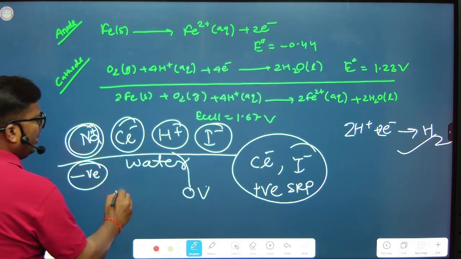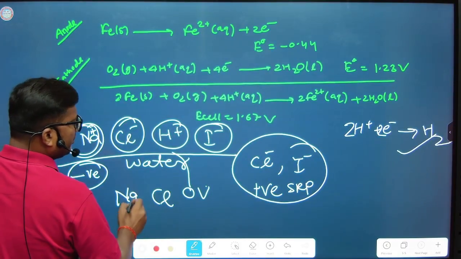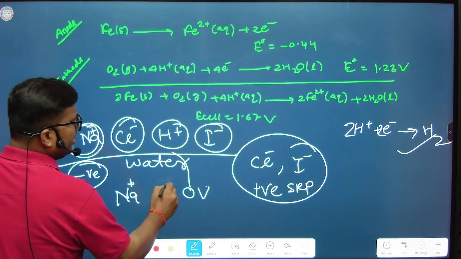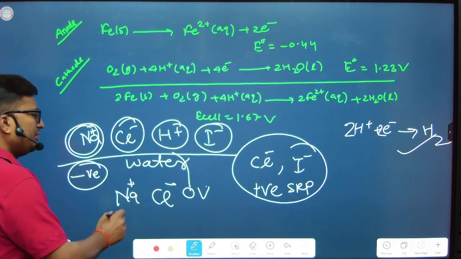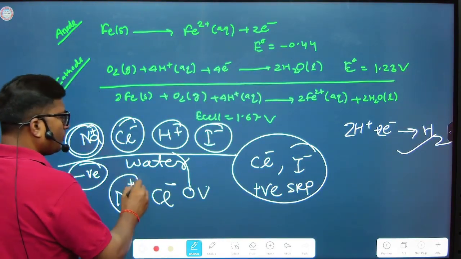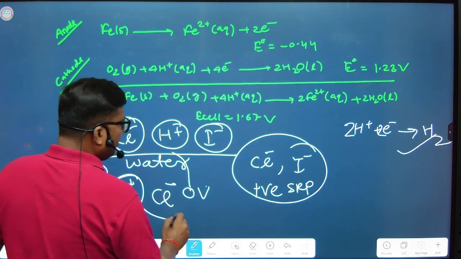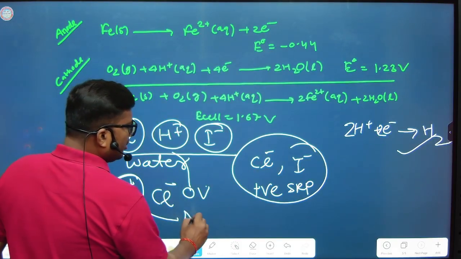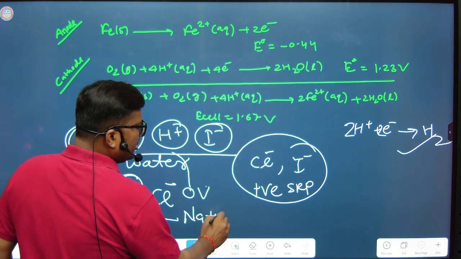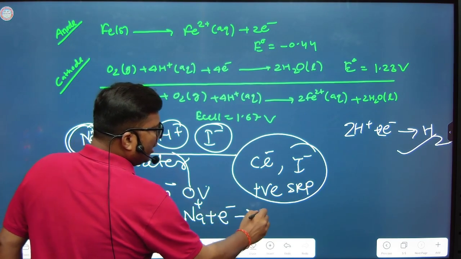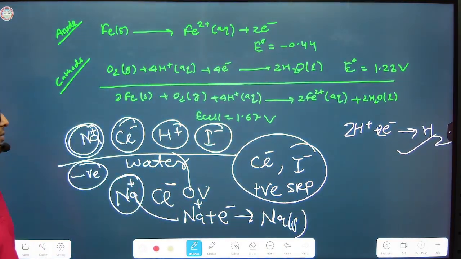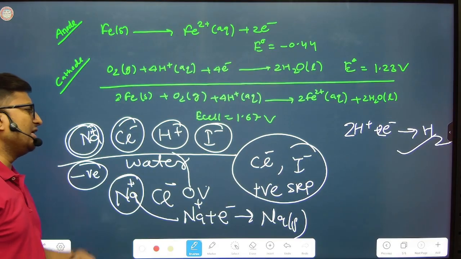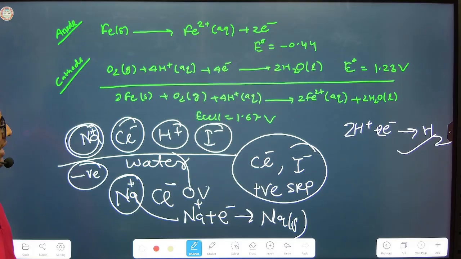In Na plus and Cl minus, right? Na plus is reduced by receiving an electron to Na solid, right? And Cl minus is oxidized at the anode.